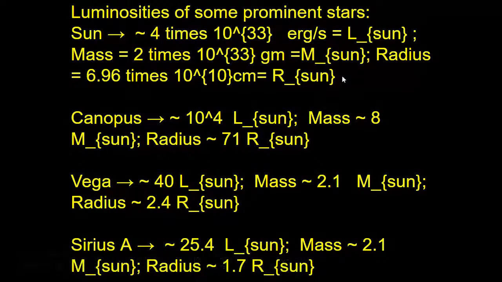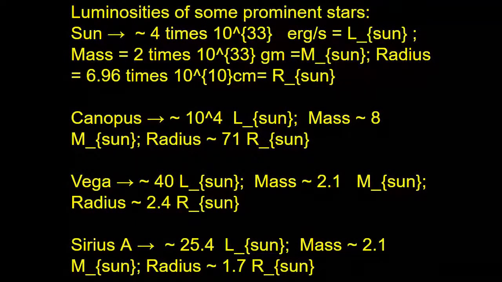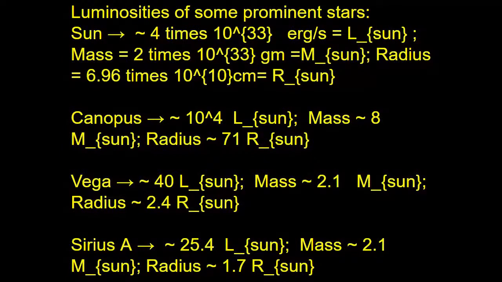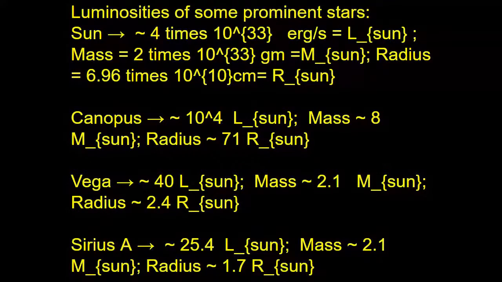While Sirius A, remember the constellation Sirius, which is very close to the right leg of the Orion constellation, and the brightest star in the Sirius constellation is called Sirius A, and Sirius A is 25.4 times more luminous than Sun. Again, it is twice as heavy as Sun, while the radius is 1.4 times the solar radius.